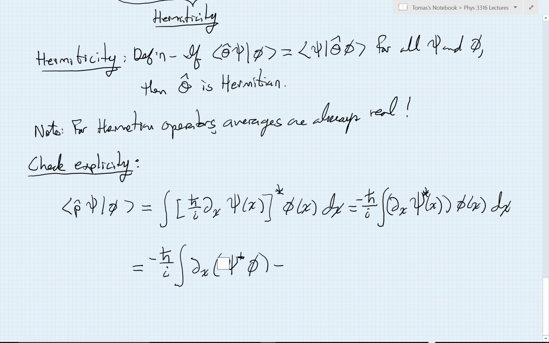I will get psi star times the derivative of phi. So to compensate for that, I had better subtract that off. So I'll get psi star times d by dx of phi. And this whole integrand will be the same as the original integrand, and then I simply integrate with respect to x. And this maneuver, of course, is known as integration by parts.